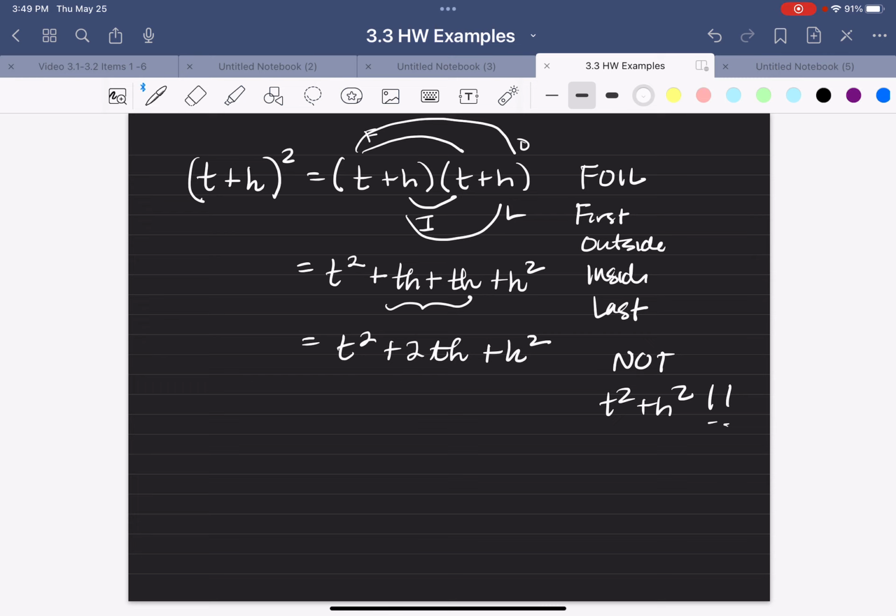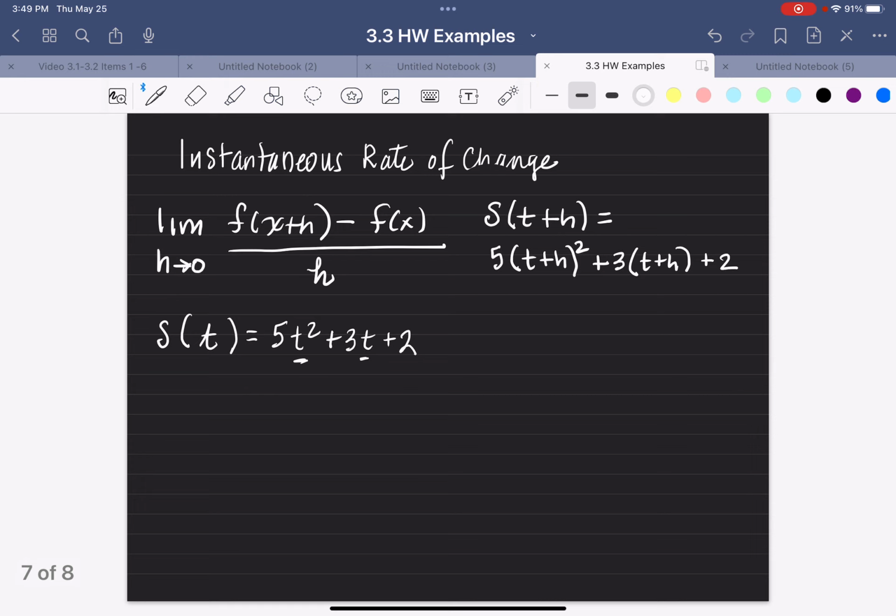So I'm going to go back over here, and this is going to be 5 times t squared plus 2th plus h squared. Then I have to multiply 3 times both of these, 3t plus 3h plus 2.